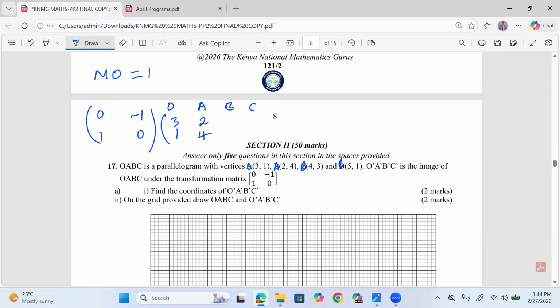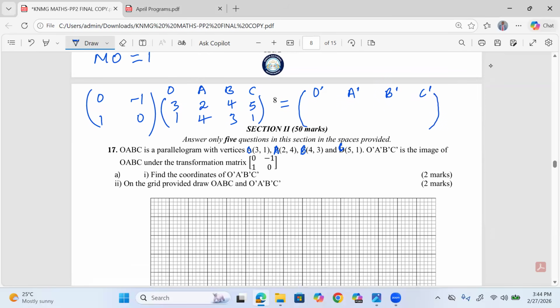B is 4, 3. C is 5, 1. When we multiply these two matrices, we shall get the coordinates of the image: O prime, A prime, B prime, and C prime.